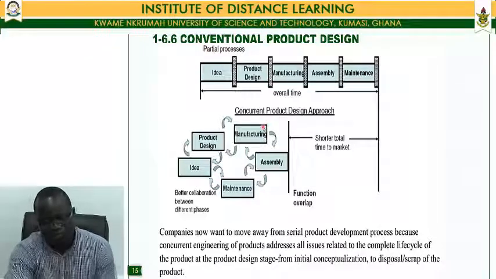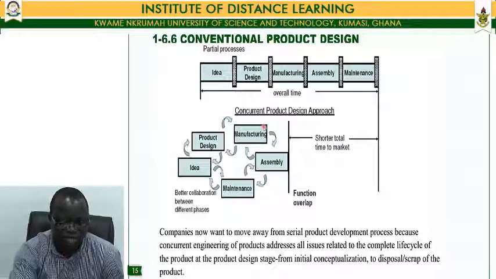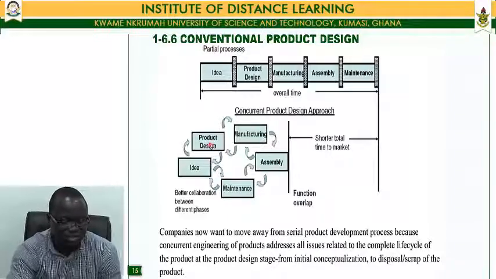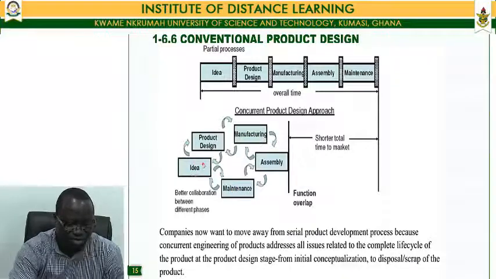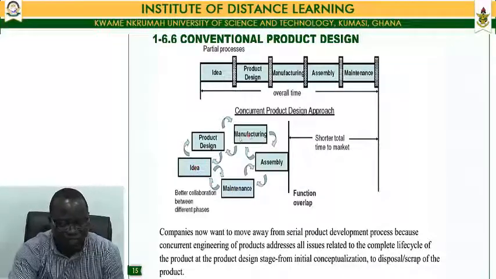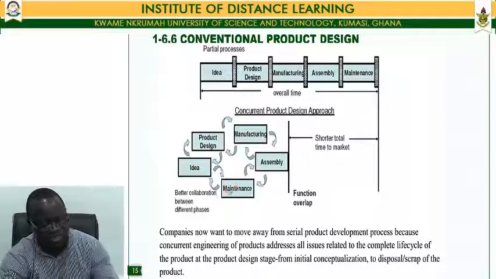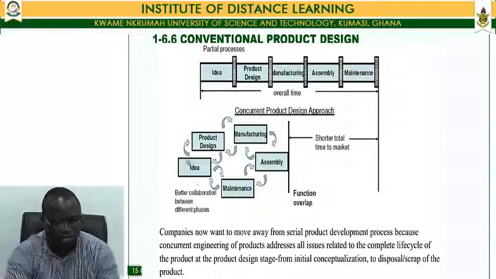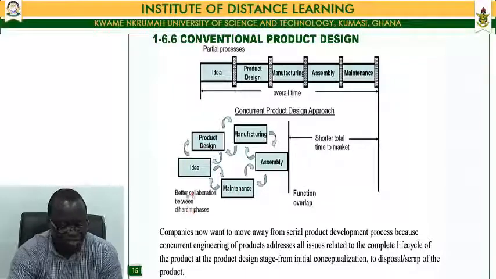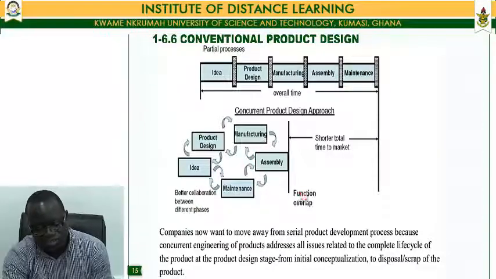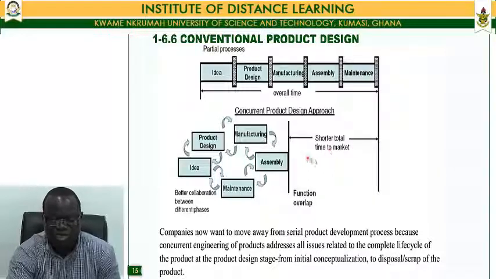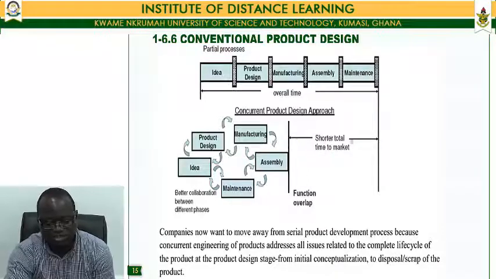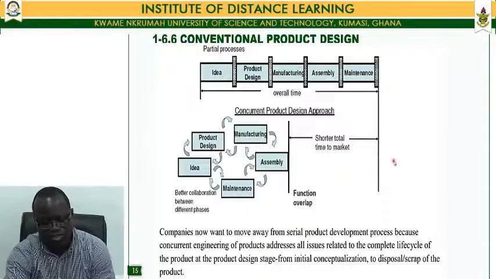But with the birth of the concurrent product design approach, notice that the product design team, the marketing or whatever the ideas may be coming from, manufacturing, assembly, and maintenance teams will be working concurrently. They'll be talking to each other, and there's better collaboration between the different phases. So what you notice there is that there's a function overlap, which leads to a shorter total time to market. And that is shown by this strip here.